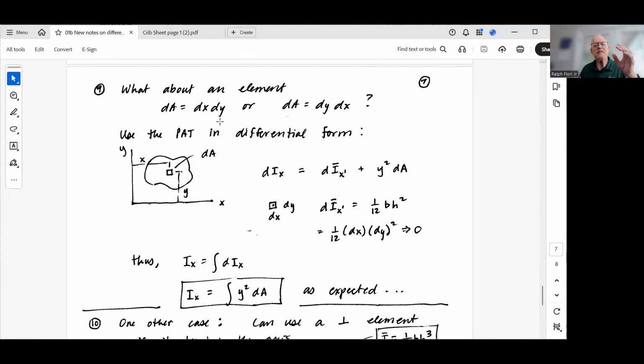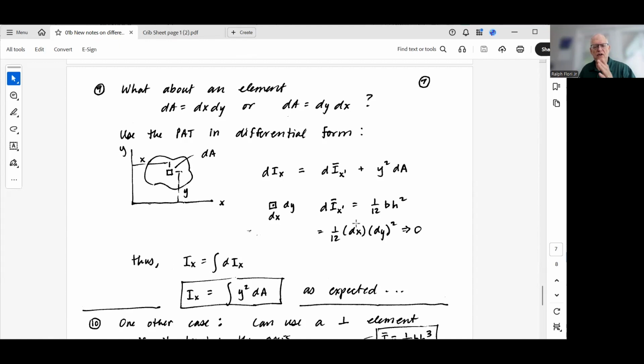What about an element like the dxdy element? Let's apply that as well. So remember our dIx is di bar plus y squared dA. And our di bar is 1/12 bh cubed, which is 1/12 dx times dy cubed.